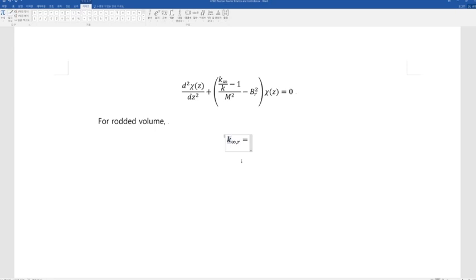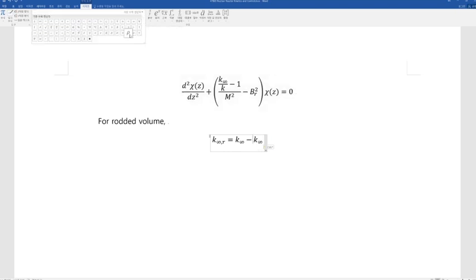Simply, k infinity will be the multiplication factor for the unroded volume multiplied with one minus some amount of k infinity because of the insertion of the control rod.